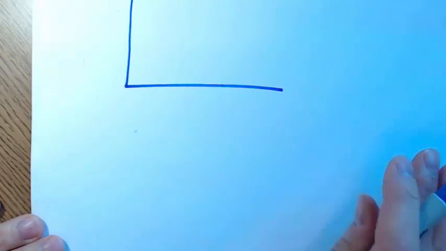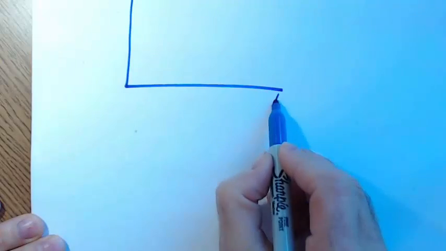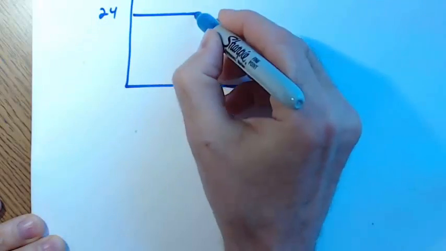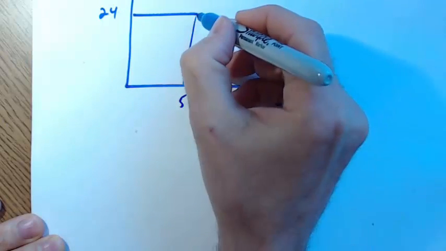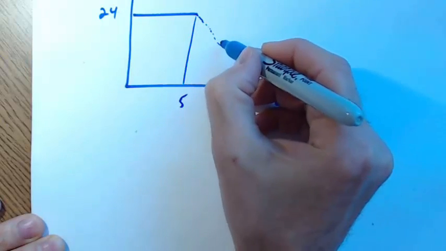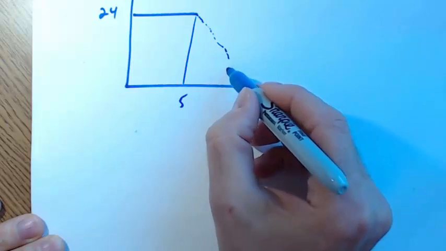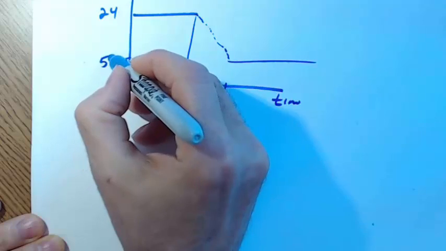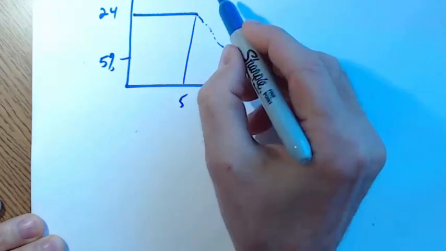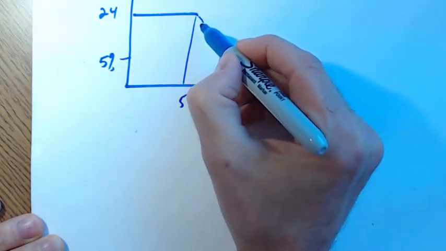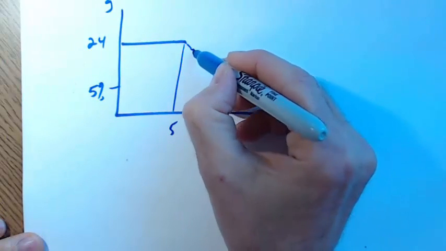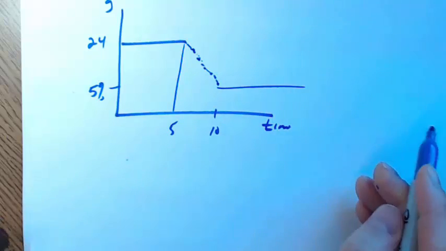So what I did was I assumed growth of 24% for 5 years, just like I said earlier, two-stage. I assumed a transition period of 5 years down to 5% growth. So basically I'm losing about 1.7% growth per year in year 6, 7, 8, all the way down to year 10.